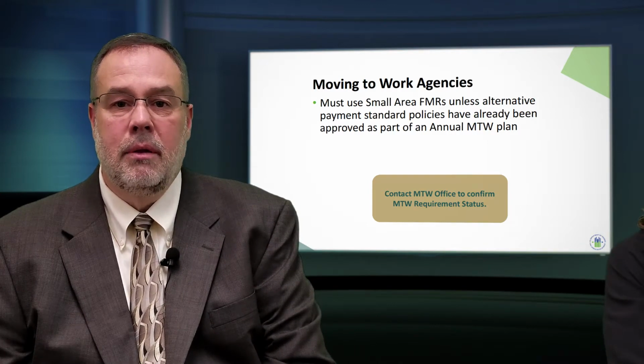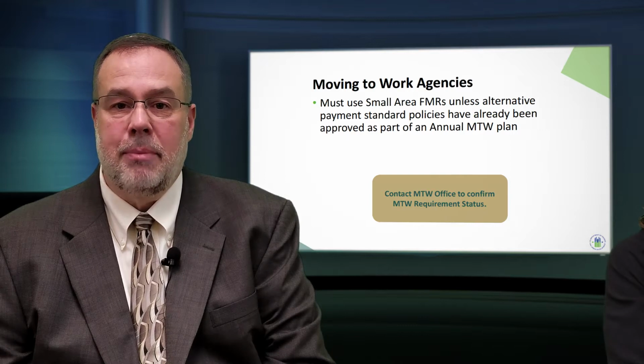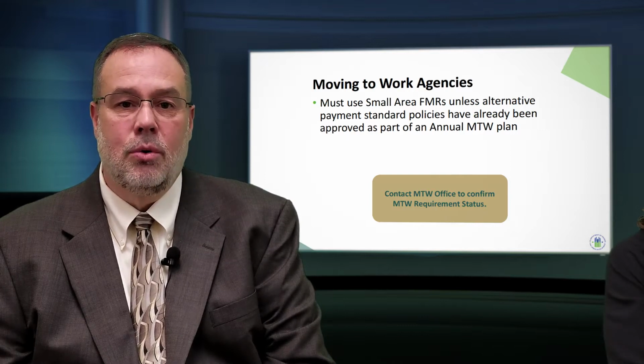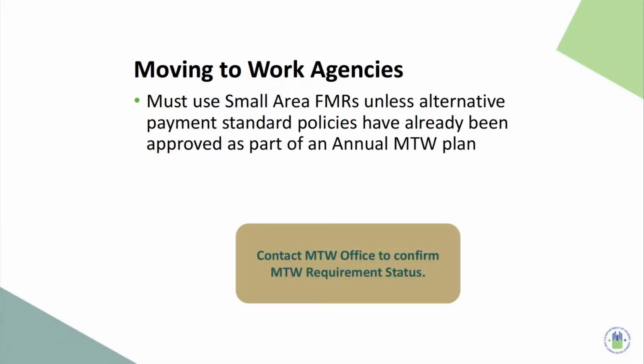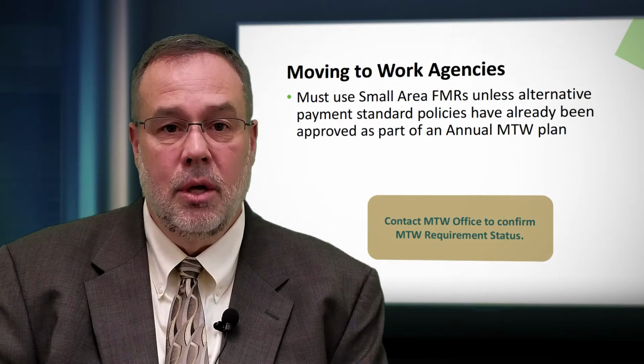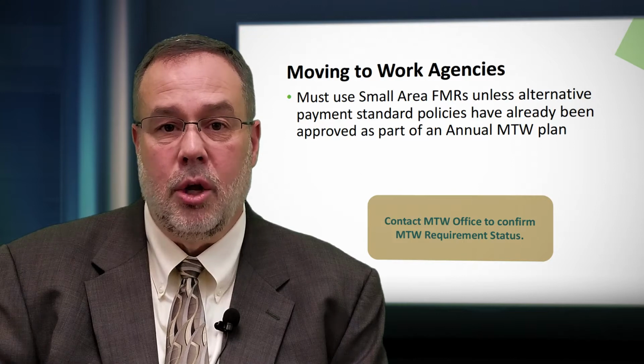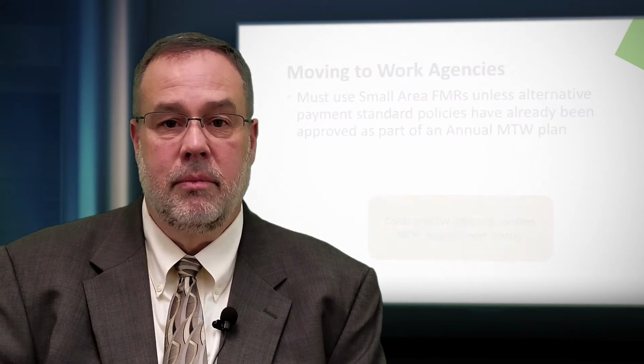For example, an MTW agency may adopt a policy establishing its own submarket-based payment standards, multi-tiered payment standards, or payment standards above the basic range. MTW PHAs in designated small area FMR areas should contact the MTW office to confirm their MTW requirement status, or if they wish to implement an alternative payment standards policy.